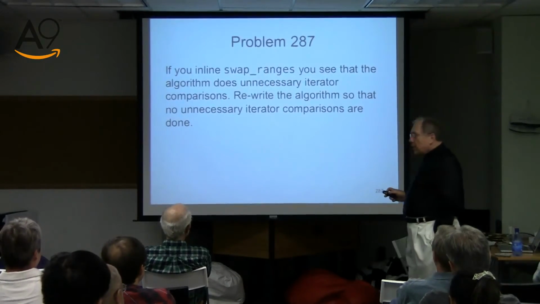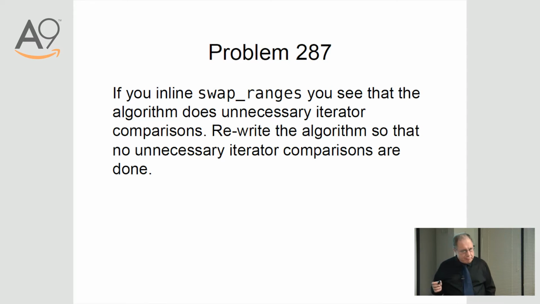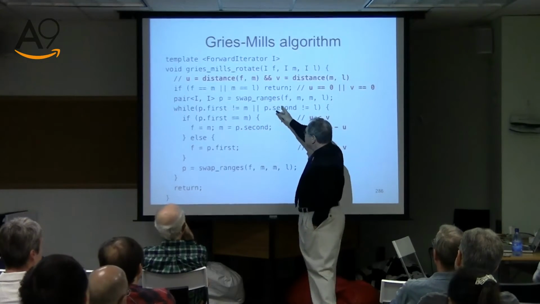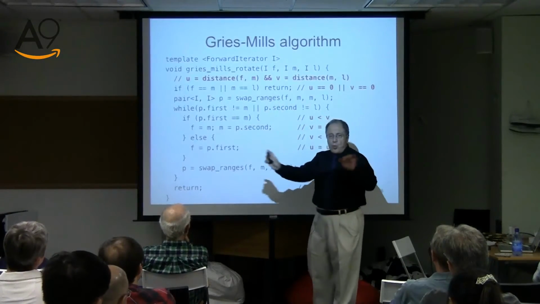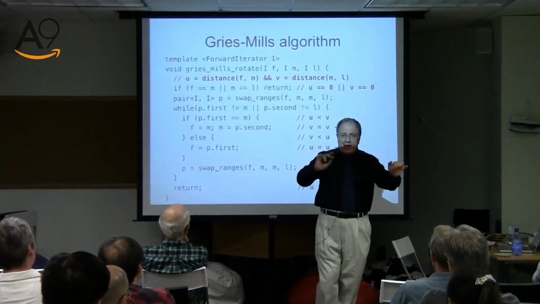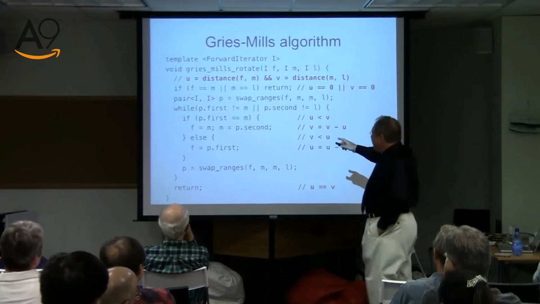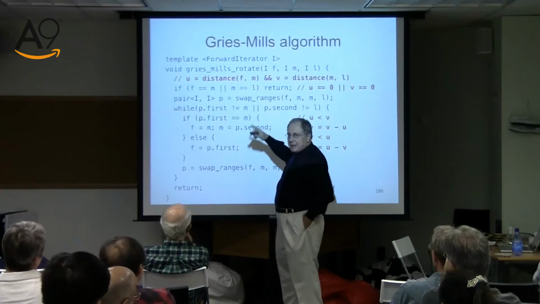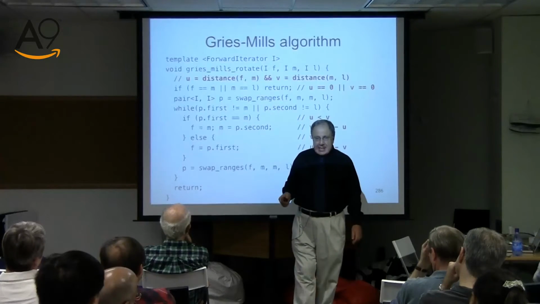So, however, there is some imperfection here, which forces me to give you a homework. You see, when we do this, we already know which range we hit. So if you inline swap ranges, you could minimize some of these comparisons. You could go directly to where these things happen, right?